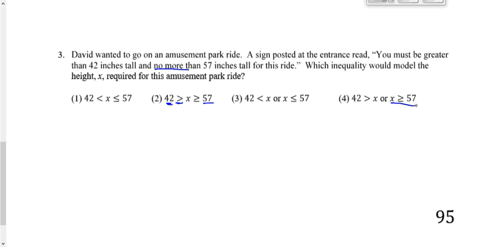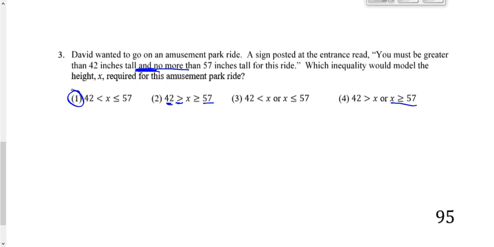Well, which one? 1. So X greater than 42 or less than 57. It says and though, not or. You see this here? So it has to be the and type, the conjunction. It's got to be choice 1. Okay?